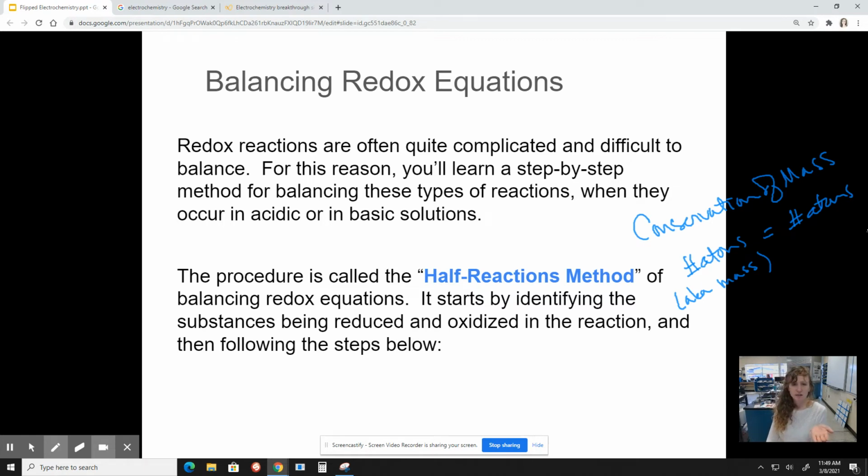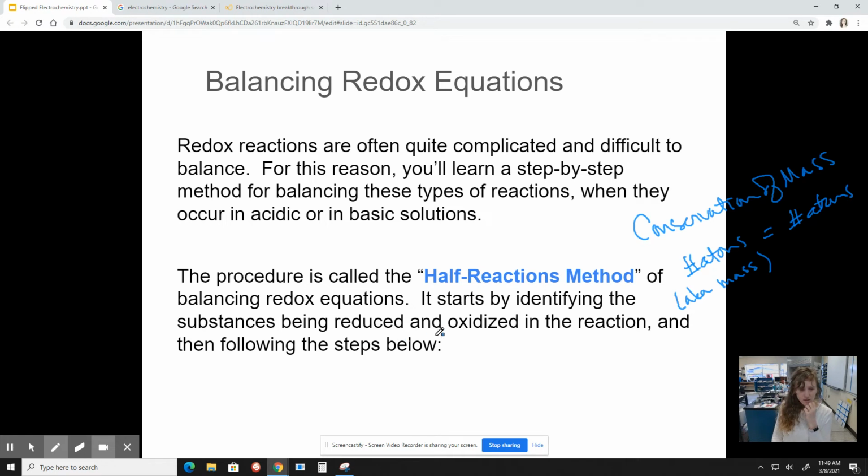Basically, if you start with an atom, you're going to finish with that same atom. It might be rearranged and attached to something different, but it's still going to be there, right? So redox reactions have to be balanced in this way, just like every other reaction has to be balanced in this way, but they also have to be balanced in a special way.